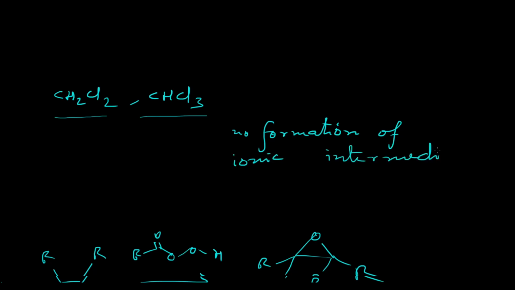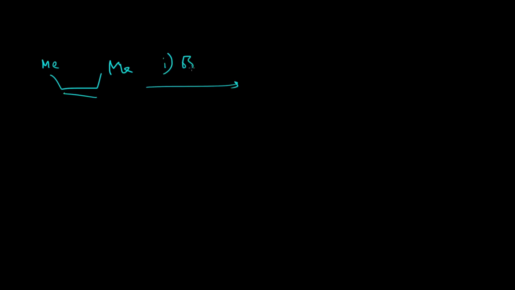Right? So now we will look at the second epoxidation reaction. This was our molecule, cis-2-butene. Here also the first step is the electrophilic attack by the bromine water system. So in the first step, formation of this bromonium ion will take place.